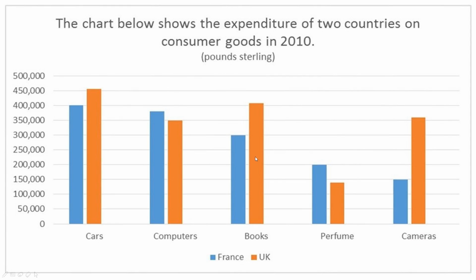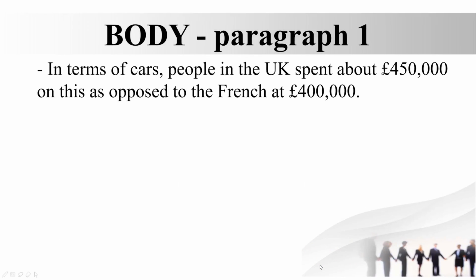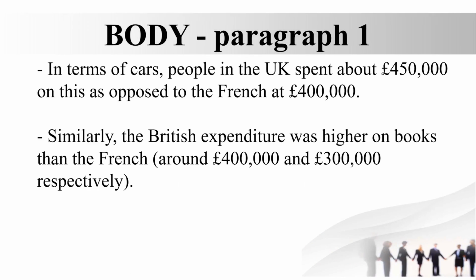Then look at the book. The book in the UK is over 400,000 pounds, while in France it's just 200,000 pounds. So we have the second statement like this: Similarly, the British expenditures were higher on books than the French, around 400,000 pounds and 300,000 pounds respectively.